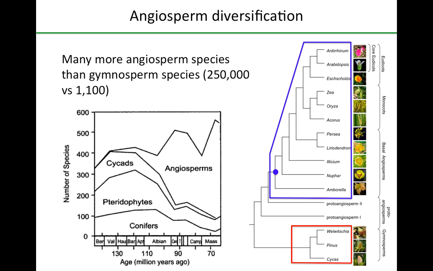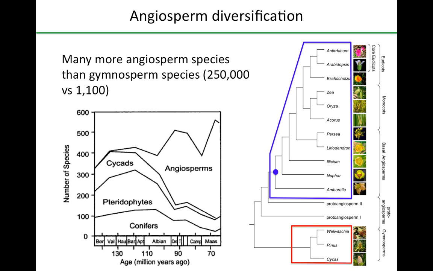Today angiosperm plants dominate the landscape, and people have hypothesized different reasons for why they've done so well. One thing that I'm not going to talk a lot about is that angiosperm species are much more productive, so they're more efficient at photosynthesis than gymnosperms are, so they can use carbon dioxide more efficiently.